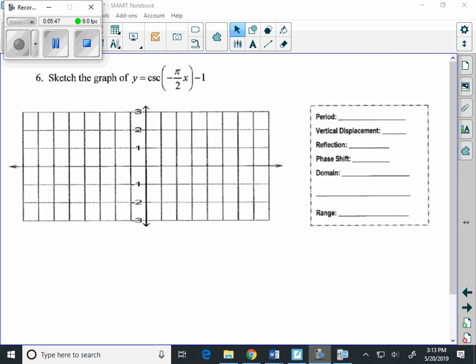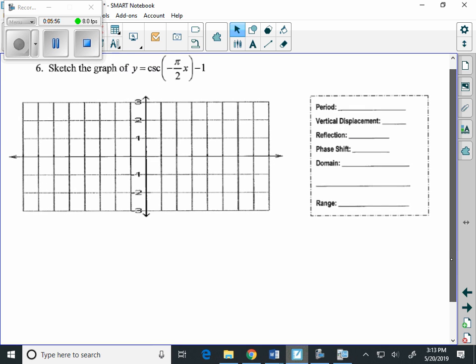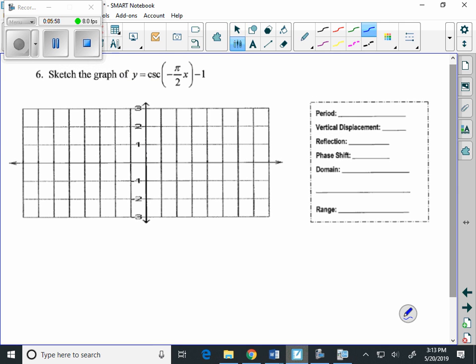Sketch the graph of y equals cosecant of negative pi over 2x minus 1. Remember, as we get ready to draw this picture here, we're going to be graphing y equals sine of negative pi over 2x minus 1. So a couple things that we can fill in over here.